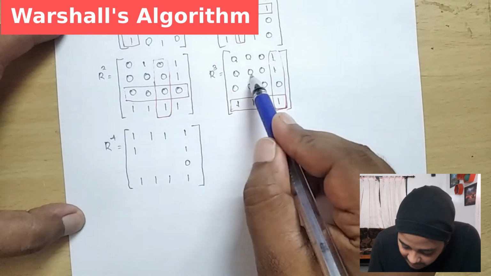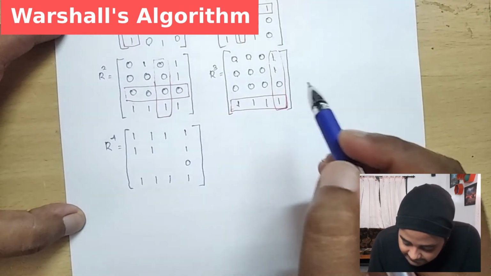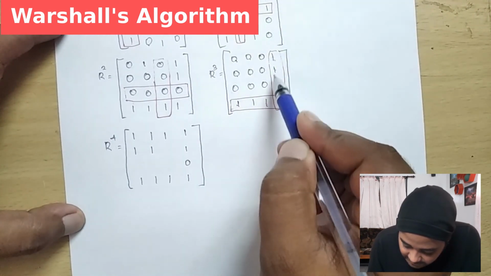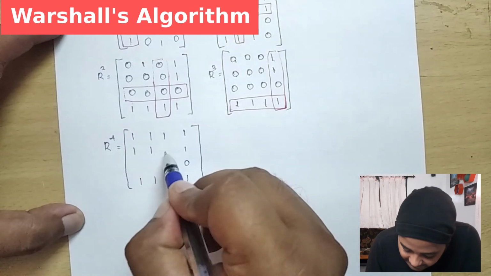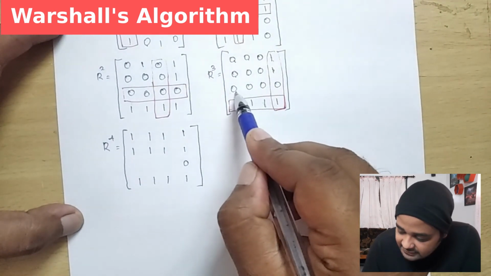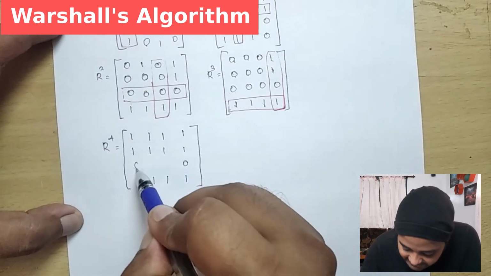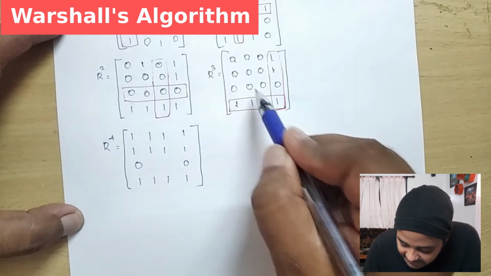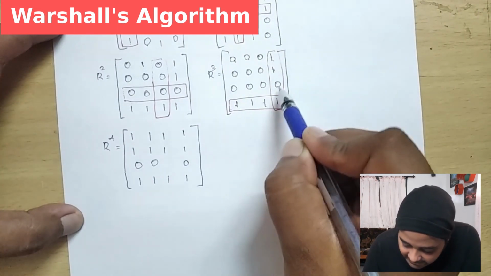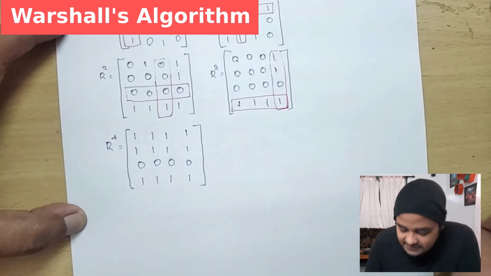Here both my values are turning out to be 1, so I am marking it as 1. Here for this 0, my values 1 and 0 are there, so it is going to be 0. Here the previous value is 0, and 1 and 0 are there, so it is going to be 0. Again 1 and 0 is there, so I'm marking the previous value as 0.